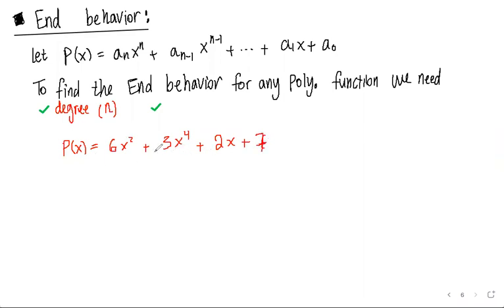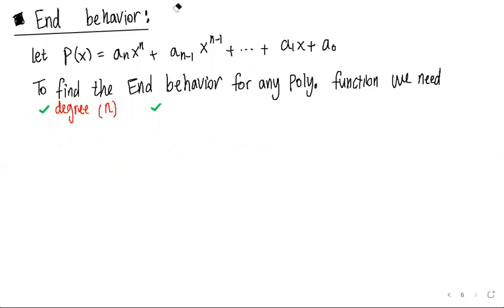What is the degree here? We look at the power of each term. Here the exponent is 2, here 4, here 1, here 0. So the highest exponent is 4. This means the degree is 4 for this polynomial. So the degree is the highest exponent of the polynomial function.